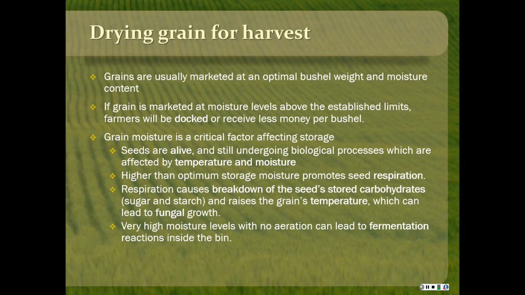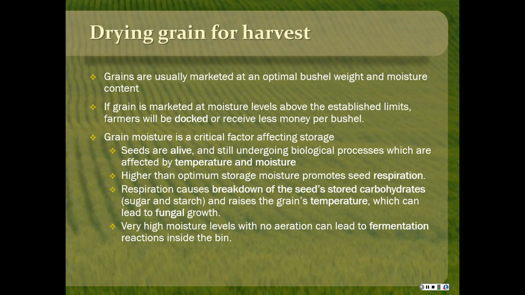A seed is a living organism, and there are still biological processes going on that are affected by temperature and moisture. So if there's too much moisture, the seed starts doing respiration, which a seed will do when it's trying to grow, except in this case, you don't want it to grow.